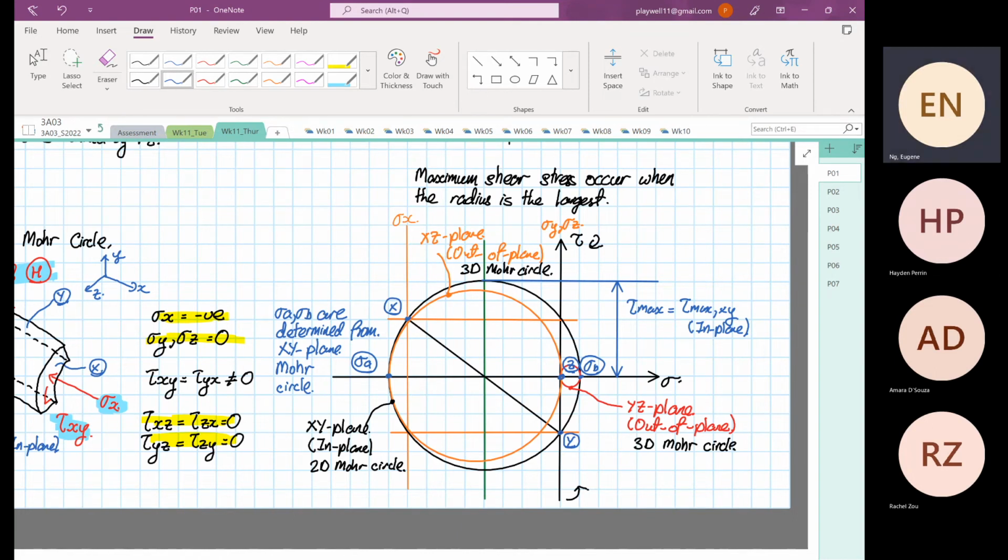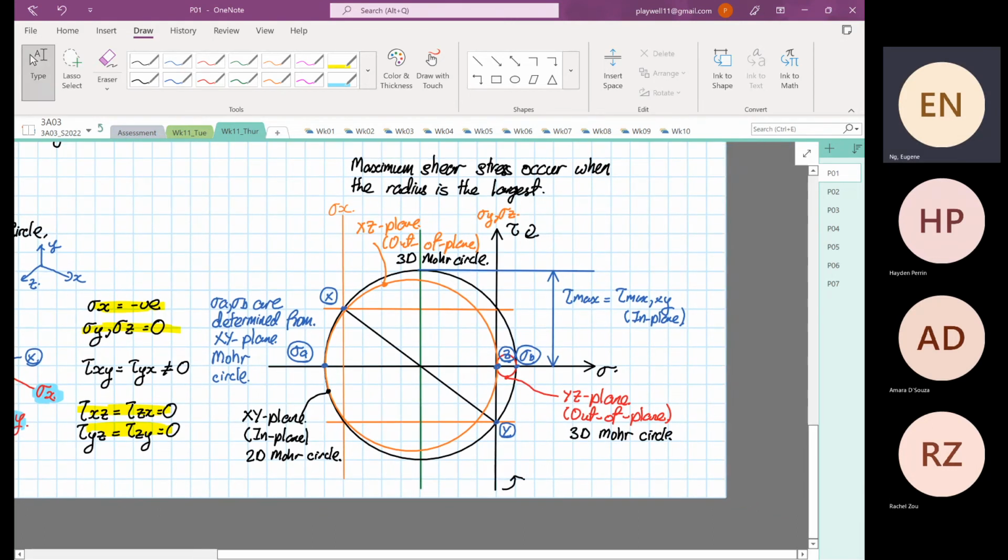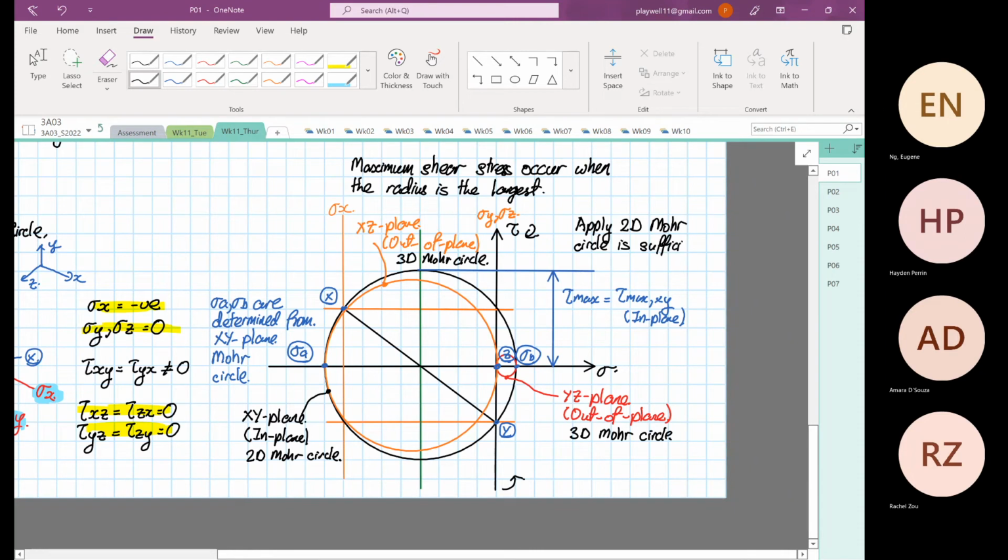So this means applying 2D Mohr circle is sufficient to design a transmission shaft.